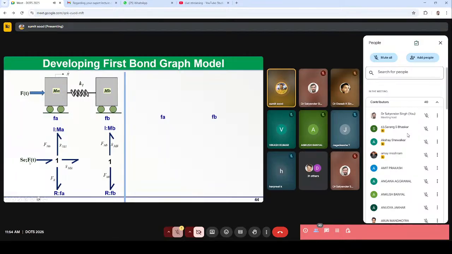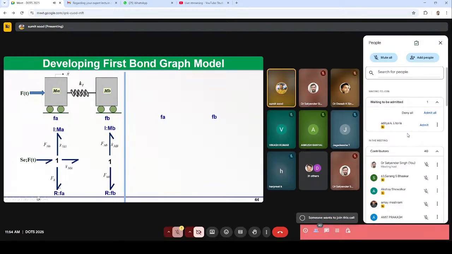You can see there is a source of effort acting at this one, and then this is connected to this moment of inertia I, and this is also connected to the losses due to friction. Likewise, for the second part, it is the inertia and the resistance due to friction.